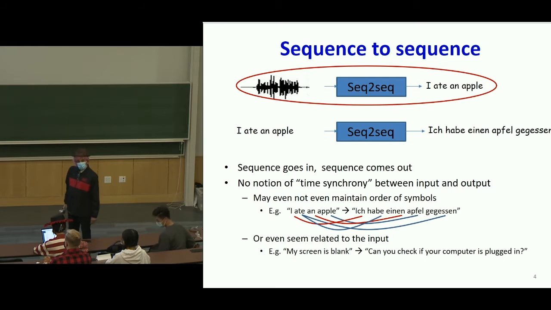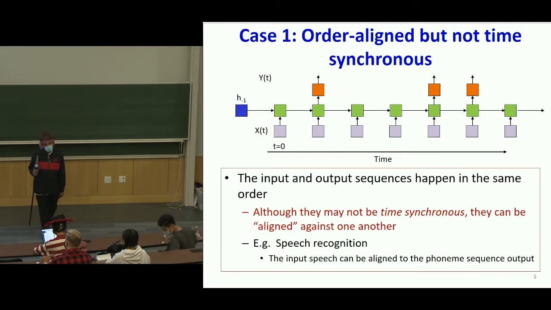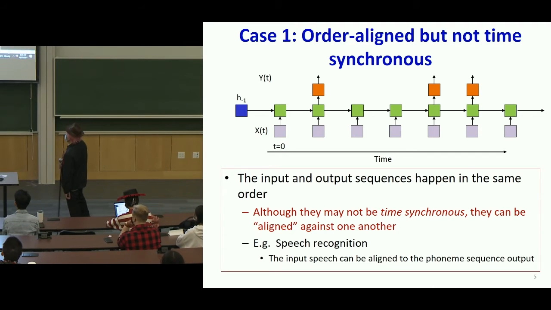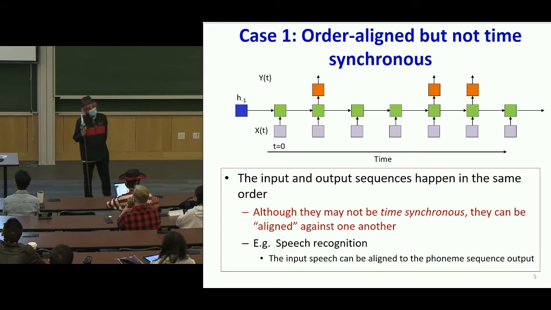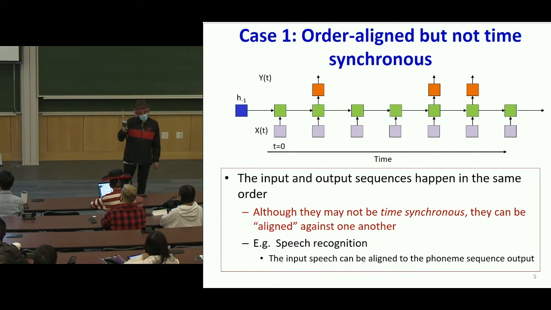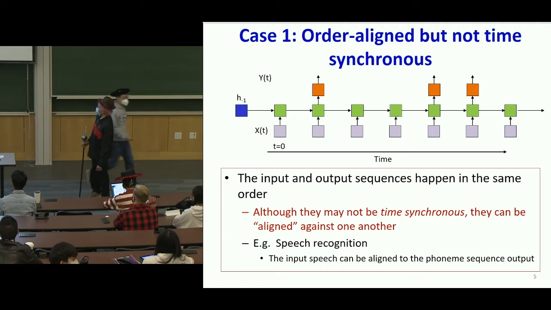Today we're going to be focusing on the first problem type, which is what we began discussing in the last class. The input and output sequences occur in the same order, but they may not be time synchronous. However, they can be aligned to one another because the input occurs in the same order as the output.